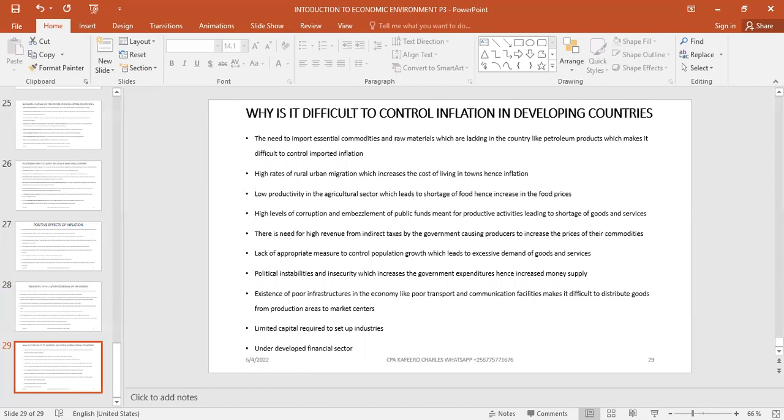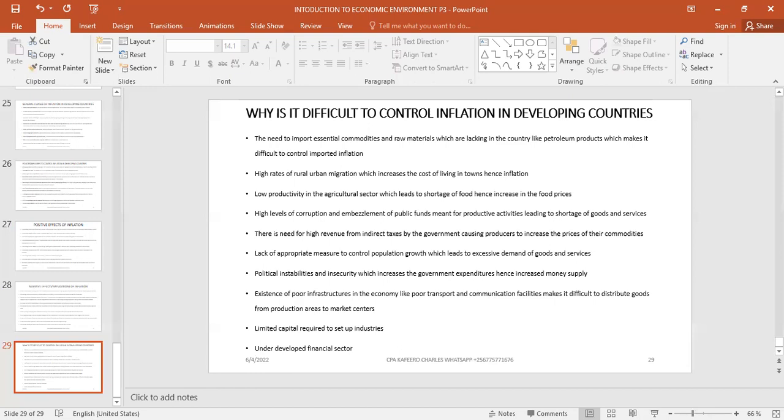If the country cannot own some of these materials and they are essential, you can talk about the petroleum products. If they can't own them, then they have to import them. And when they import, we expect that they are going to be bringing in imported inflation, because they will be willing to buy at whatever price. So when they are willing to buy at whatever price, it creates inflation.